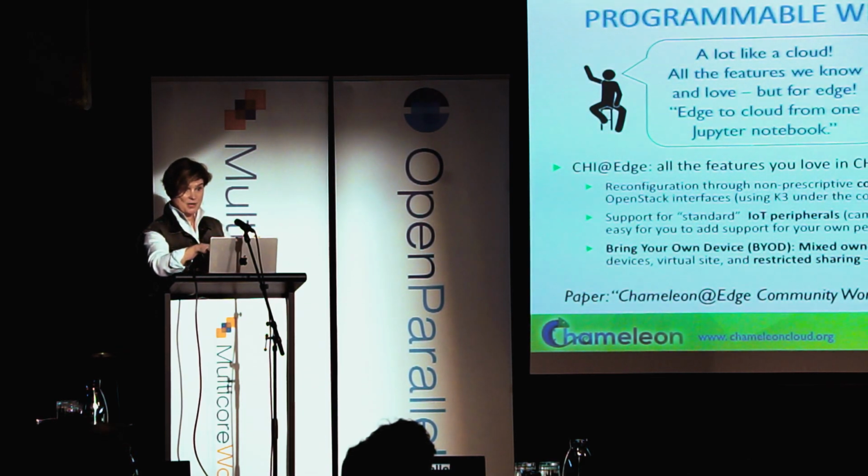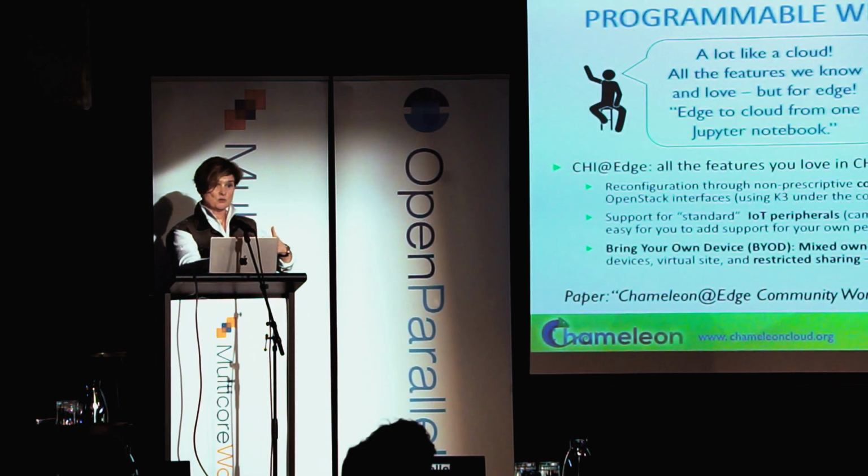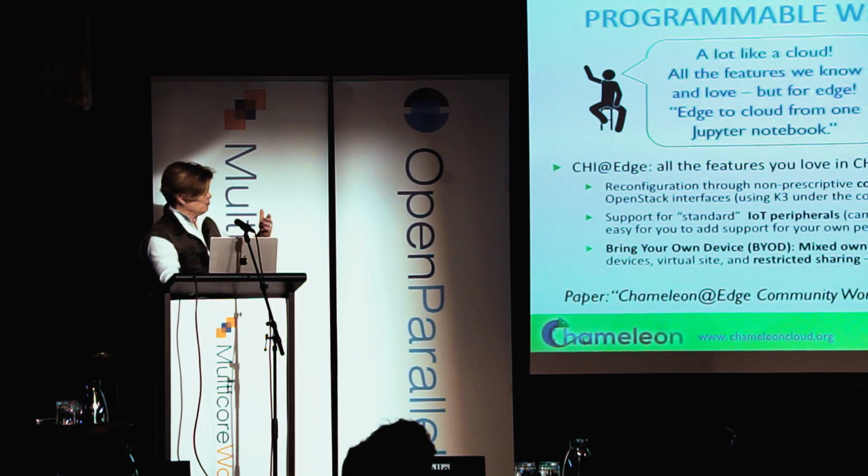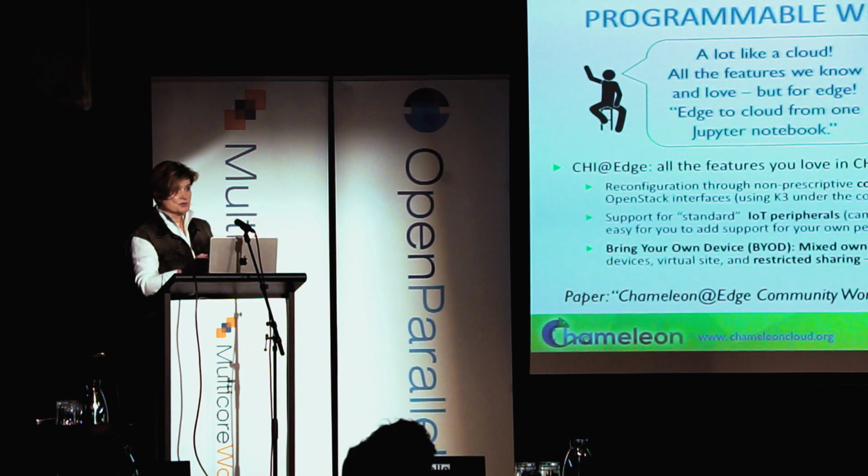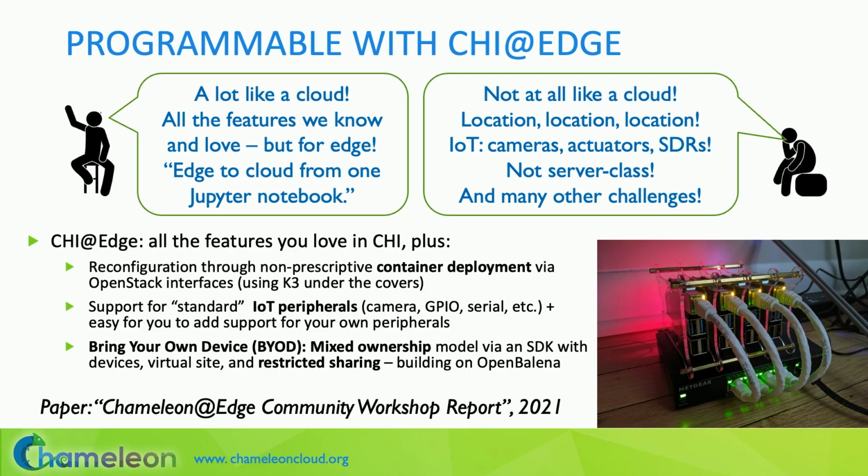because this hardware doesn't support the IPMI interface. So container deployment, very lightweight. We provide a framework for adding IoT peripherals. But then we also allow users to add their own resources to the testbed, right, via something we call bring your own device.